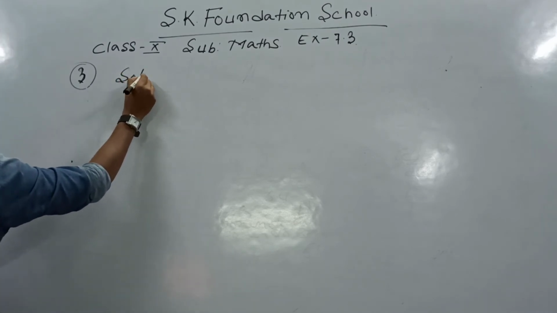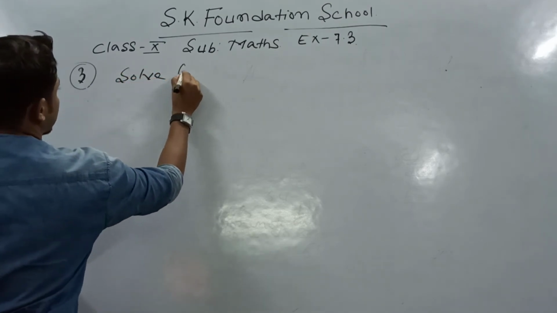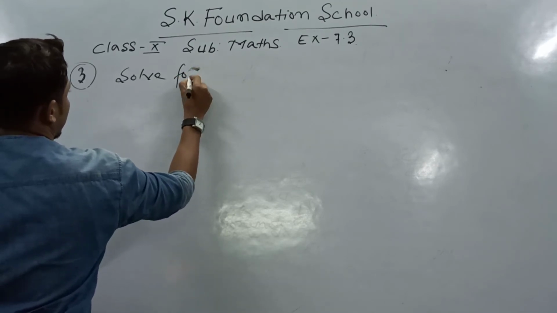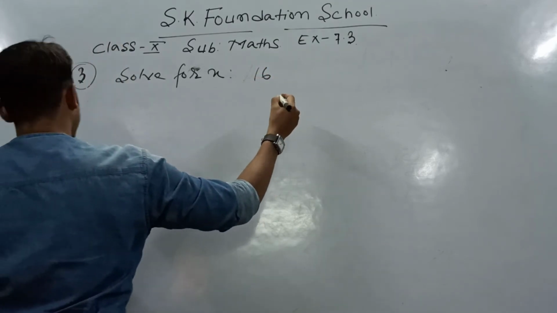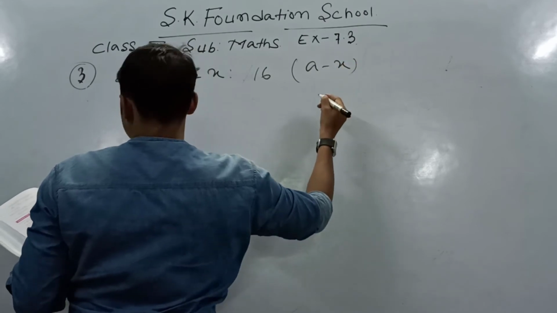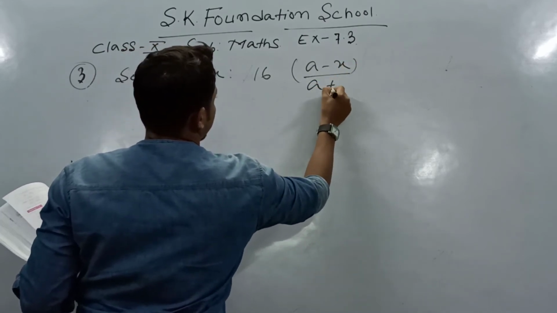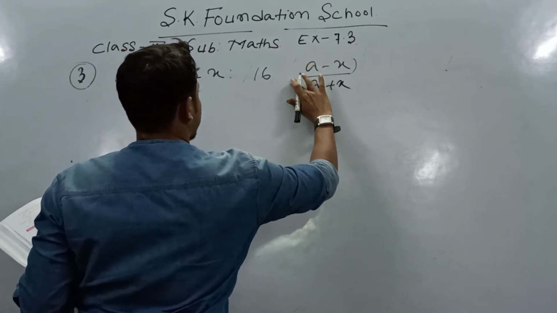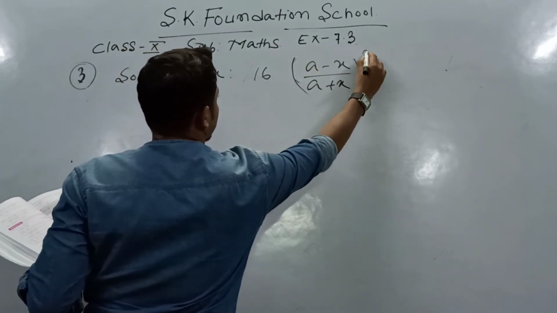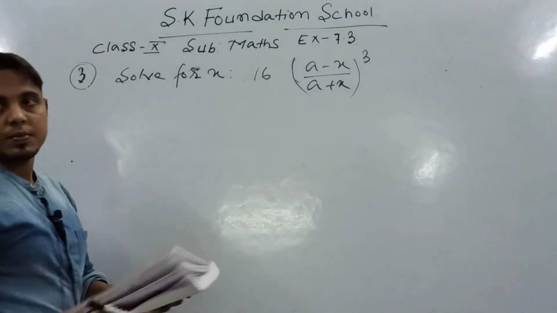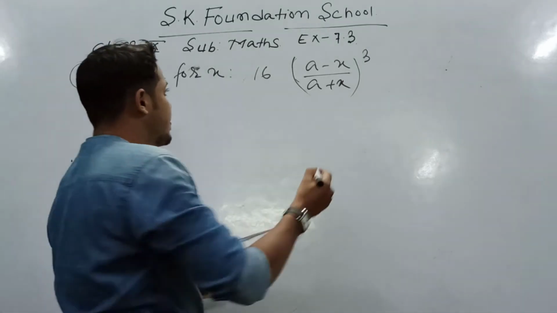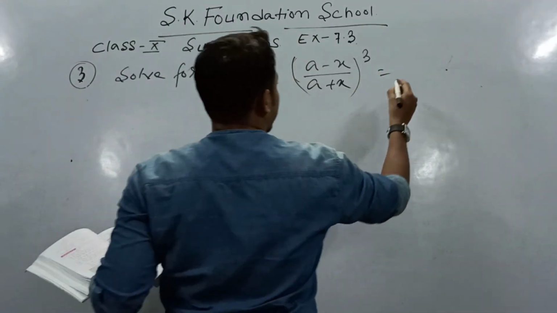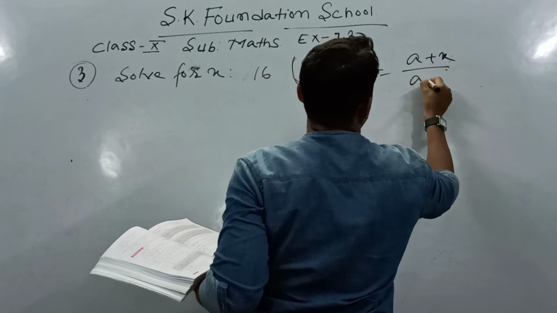Solve for x. 16 into (a minus x by a plus x) whole cube equals a plus x by a minus x.